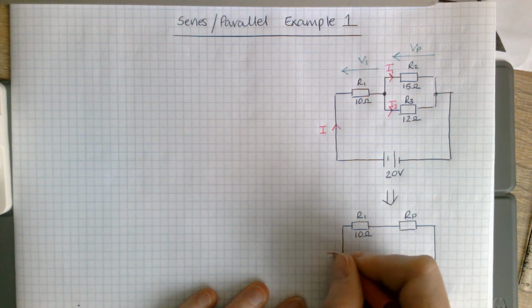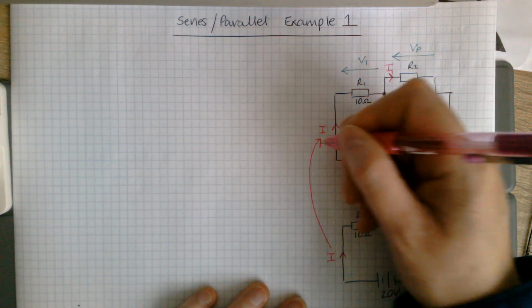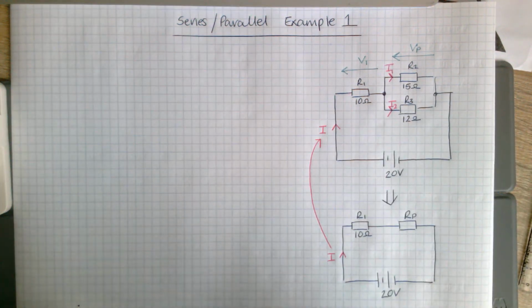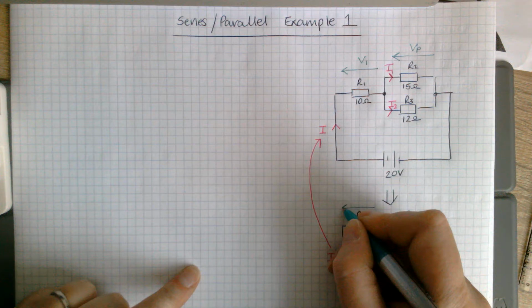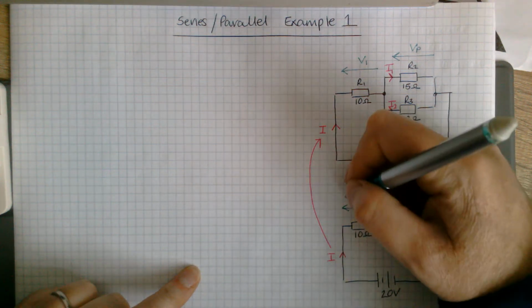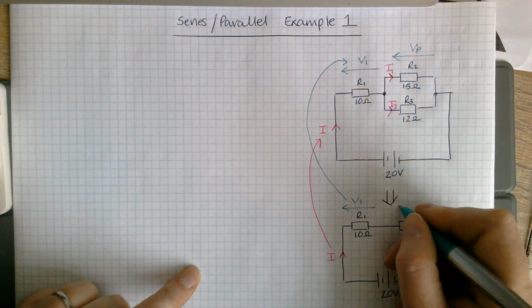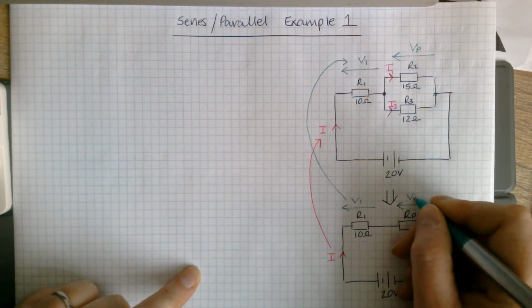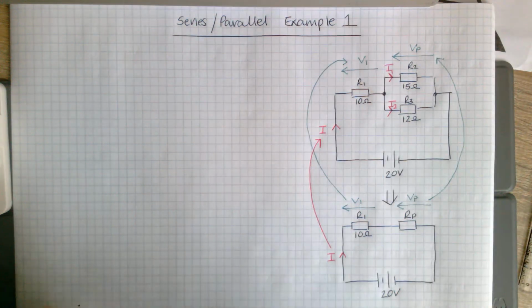Current I here would be the same as the current I here. So when you calculate this, you've calculated this. The voltage across R1, V1, is the same as this V1. And the voltage across here, VP, would be the same as this VP.